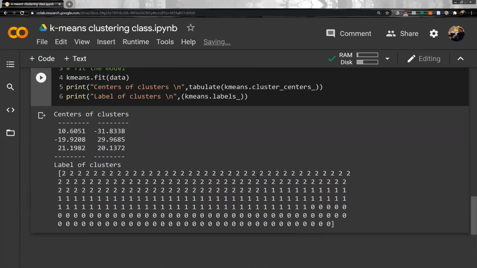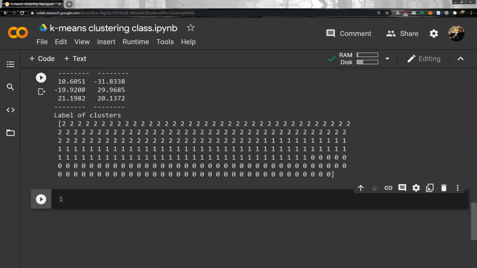Using the labels of clusters, now we can plot the data by estimated labels. Basically, the label is our estimated cluster membership.